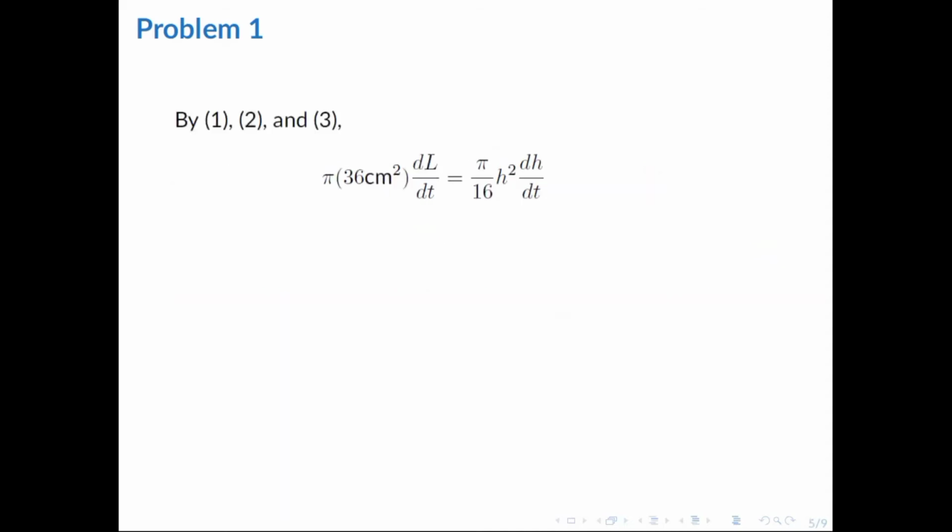By combining every equation that we have so far, we will get pi times 36 centimeters squared times dL over dt is equal to pi over 16 h squared times dh over dt.